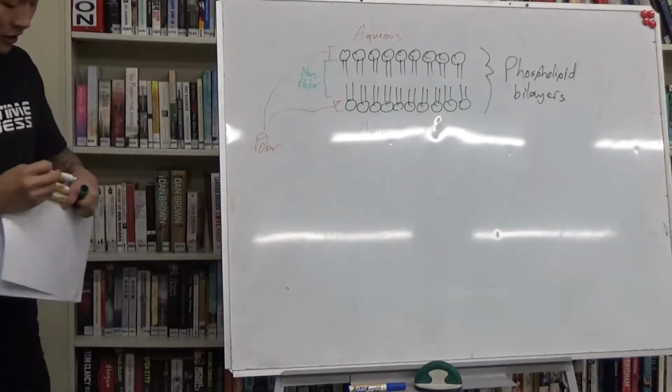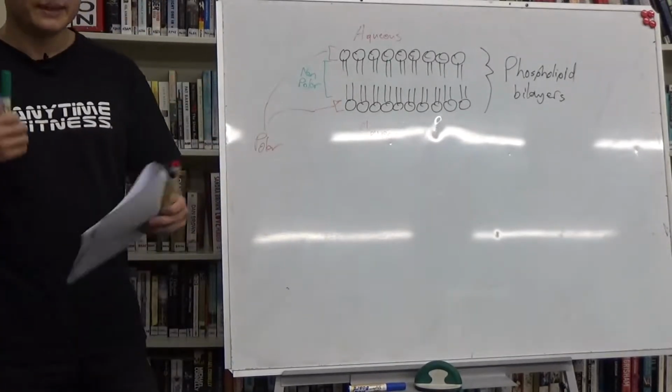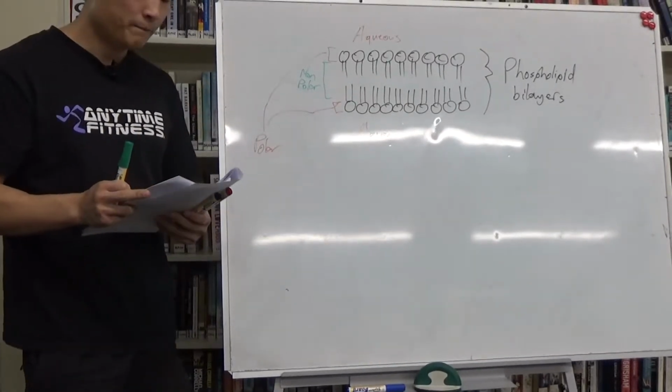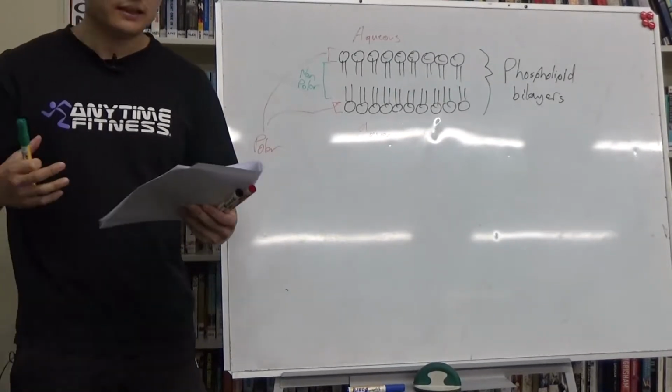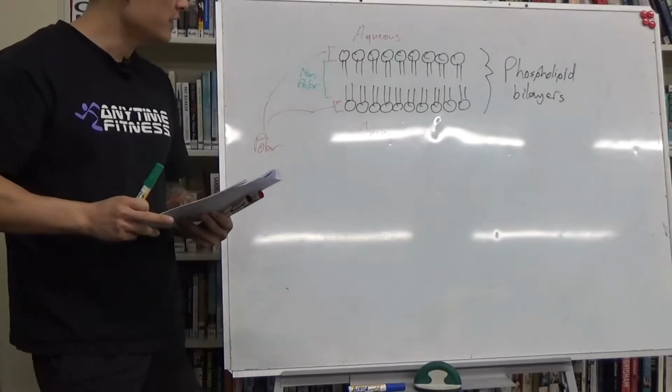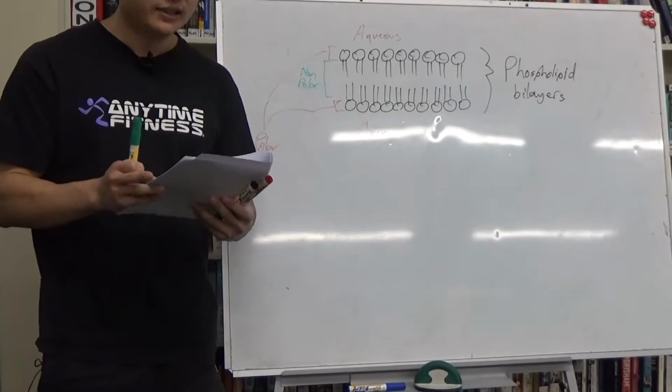So the majority of the cell membrane is actually nonpolar, which means that nonpolar molecules can simply diffuse across as long as they are not too large. Okay, so triglycerides are too large to simply diffuse across.